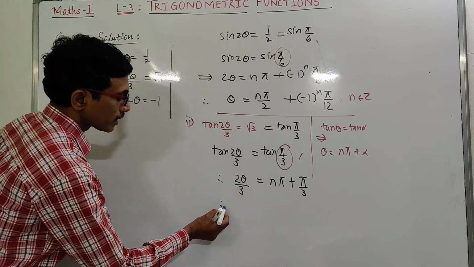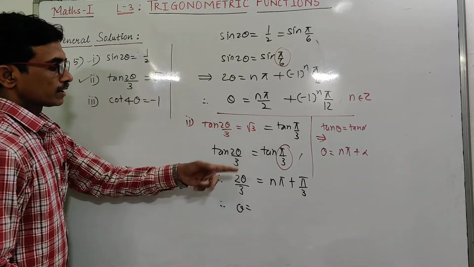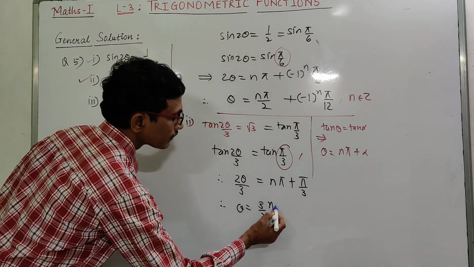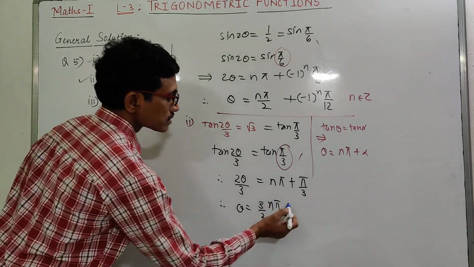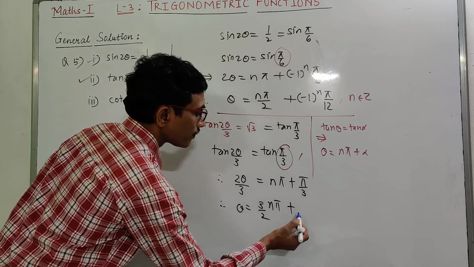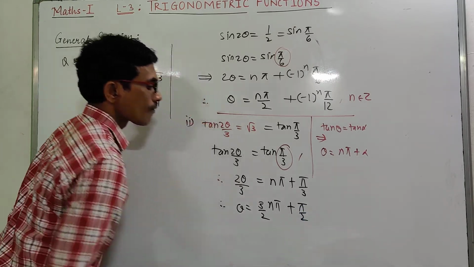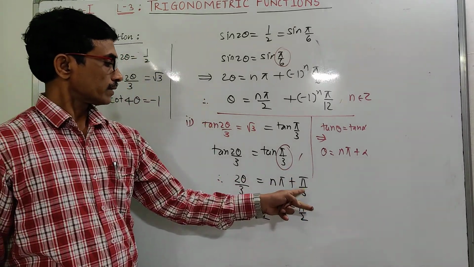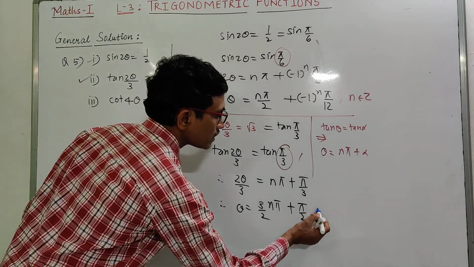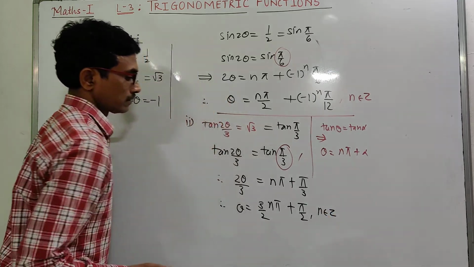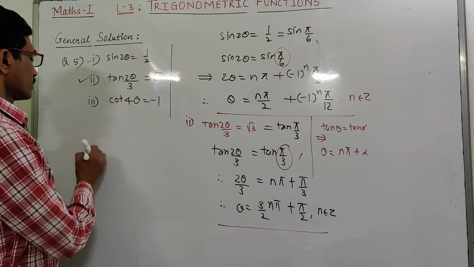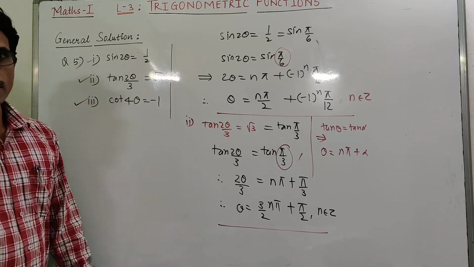So therefore theta is equal to, multiplying by 3 by 2, 3 by 2 n pi plus, the 3 is getting cancelled, pi upon 2. 3 by 2 we are multiplying, 3 is getting cancelled, pi by 2 is remaining, where n belongs to Z. This will be the solution of the second equation. Now the third equation.